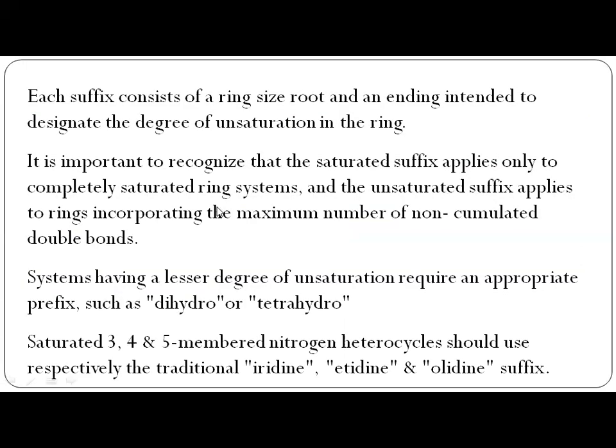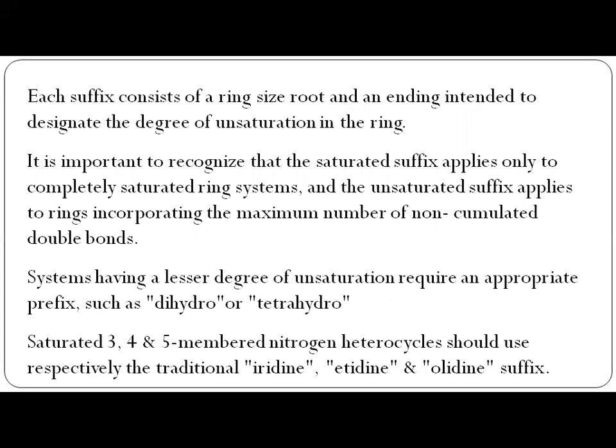All the suffixes that we are going to use consist of a ring size part. Whatever the ending is, it is intended to designate the degree of unsaturation in the ring. It is important to recognize that the saturated suffix applies only to completely saturated ring systems, and the unsaturated suffix applies to rings containing the maximum number of non-cumulated double bonds.